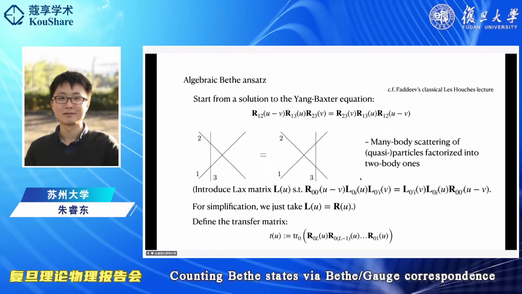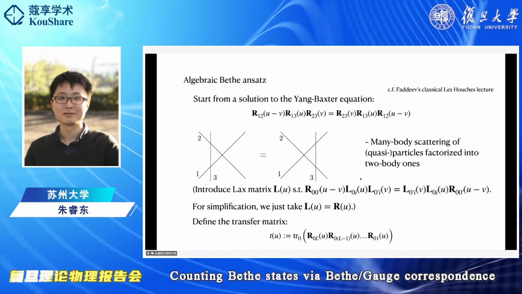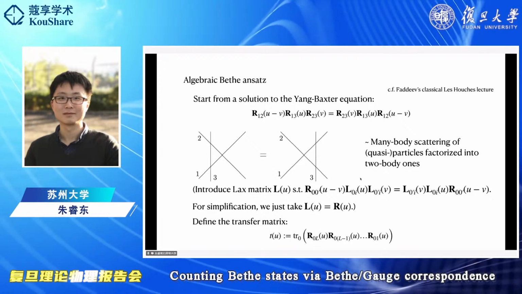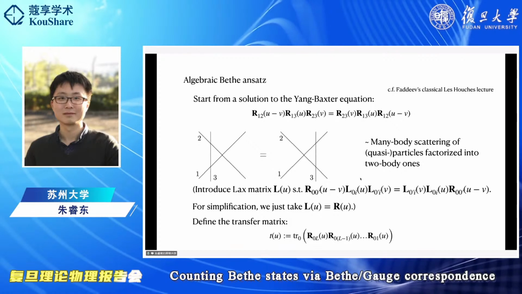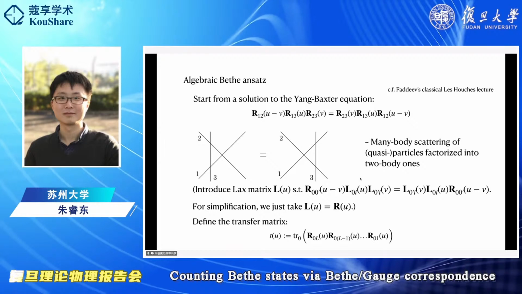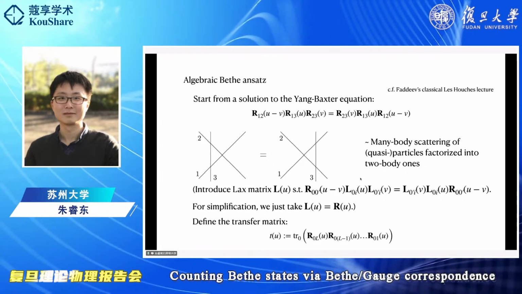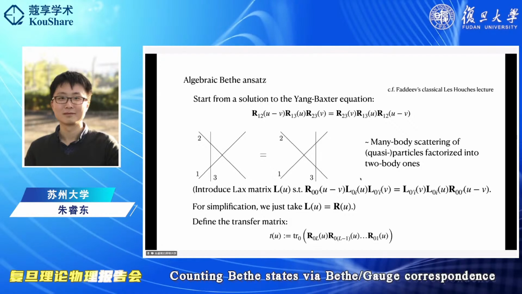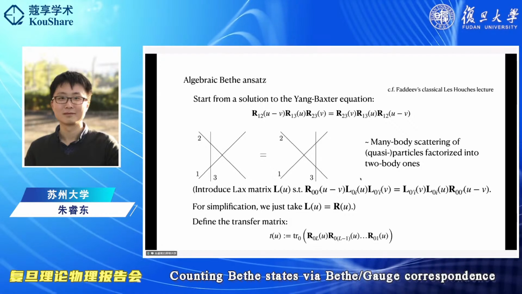So this gives us the Yang-Baxter equation. And if we find one solution, now we know how to construct a family of integrable models in a very systematic way.